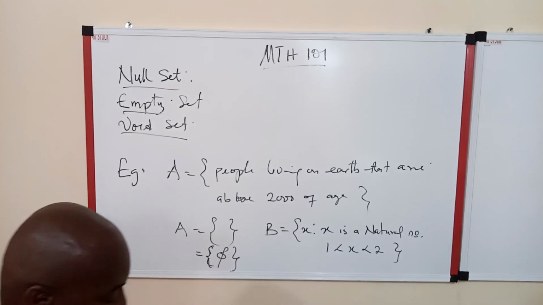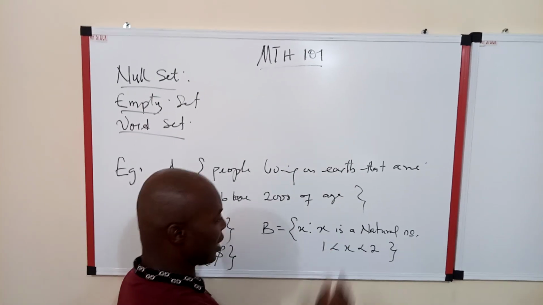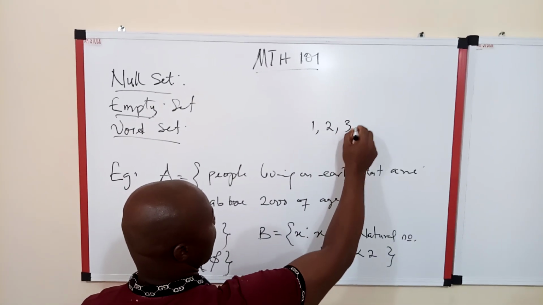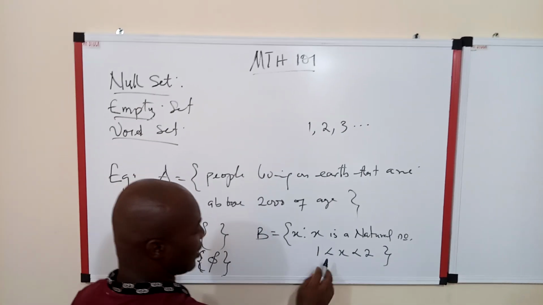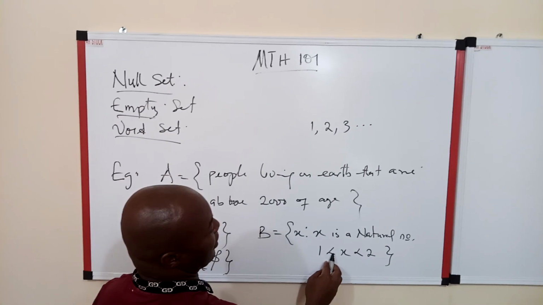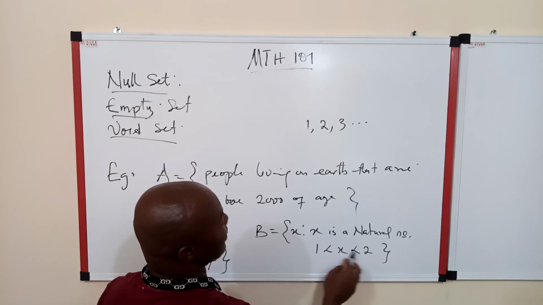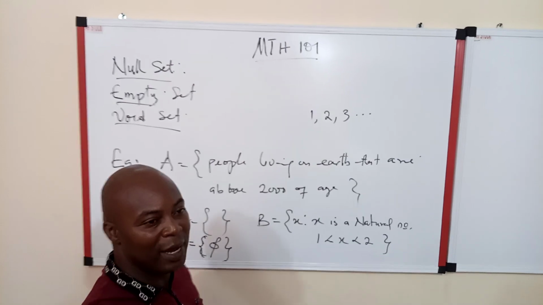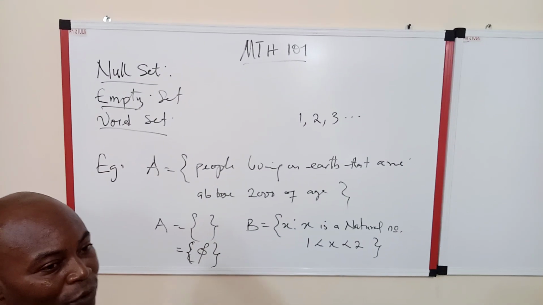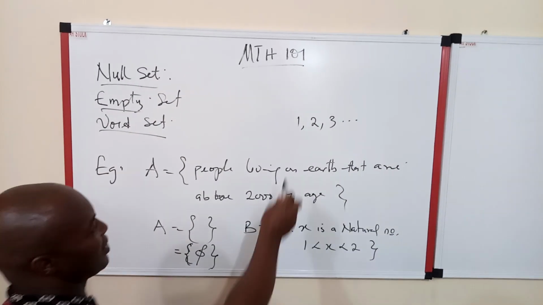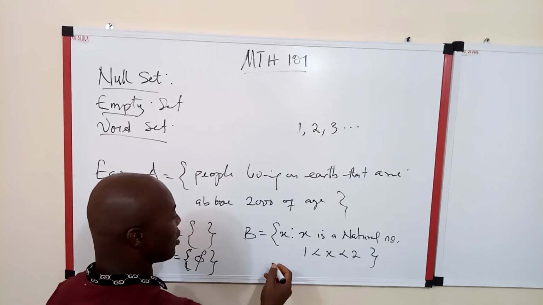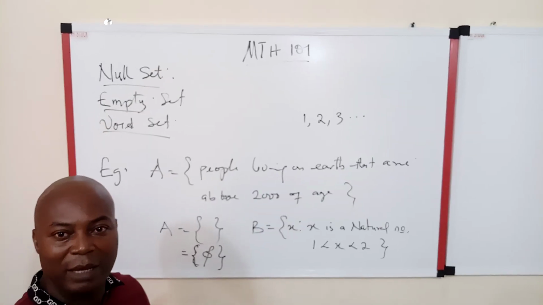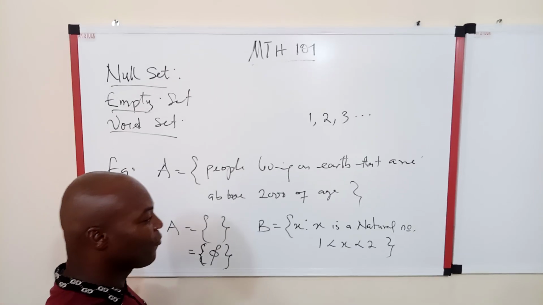This collection is also empty because the set of natural numbers ranges from 1, 2, 3, on we go. And if X is within this interval, we are talking about numbers like 1 point something, and they are not whole numbers, they are not natural numbers. So in other words, this set is also a good example of an empty set.